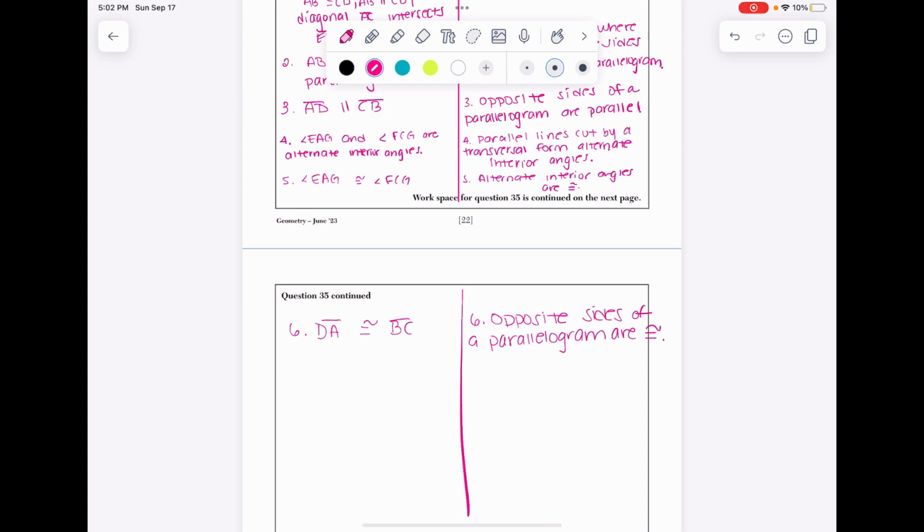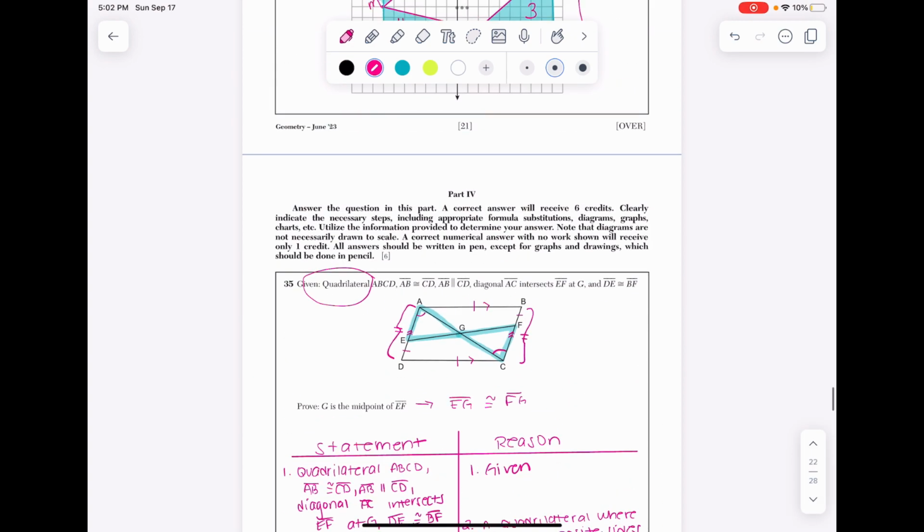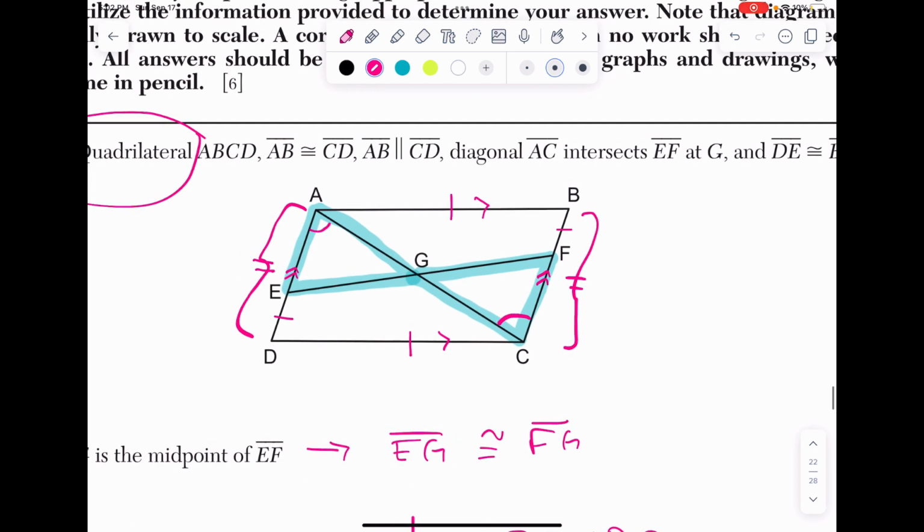Here's why that helps us. If we take a look at this, we know that the big sides here, AD and CB, are congruent, and we already know about DE and BF being congruent. So I'm going to show this through a little bit of highlighting here. We know the big sides are congruent, and we know these little green sides are congruent.